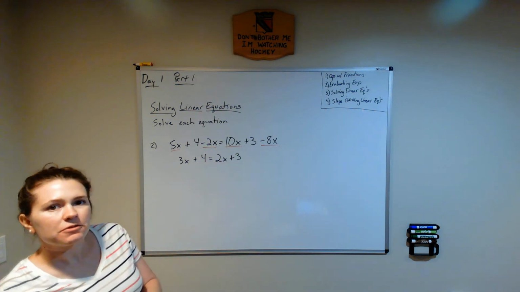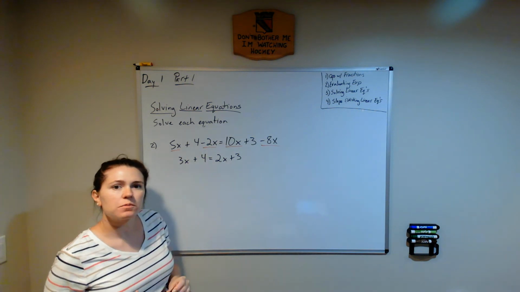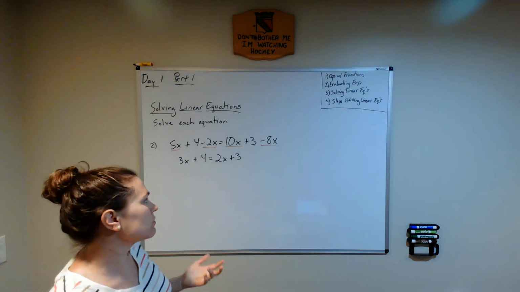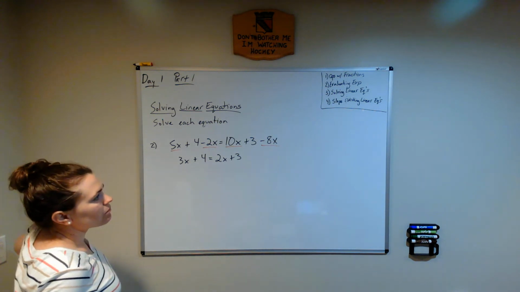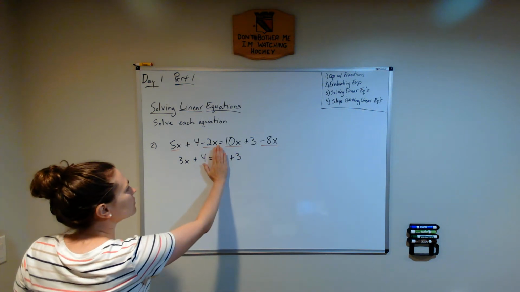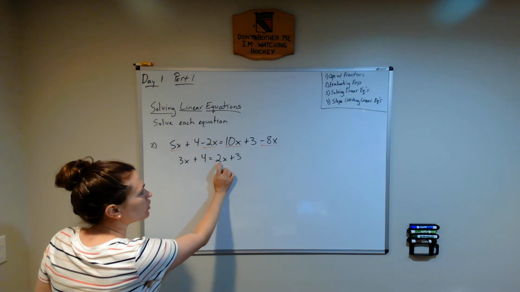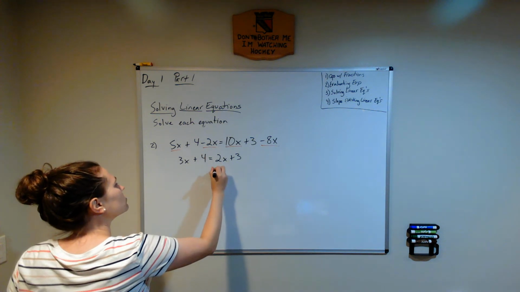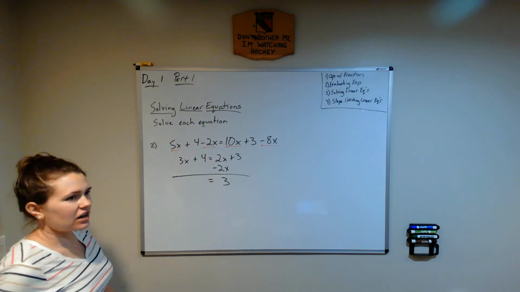So we've simplified the left-hand side of the expression and the right-hand side of the expression. Simplifying is when you combine like terms. Now we don't want x's on both sides of the equation, so we only want it on one side. If the right-hand side has a value of 2x, we have to subtract 2x so it doesn't appear there anymore.